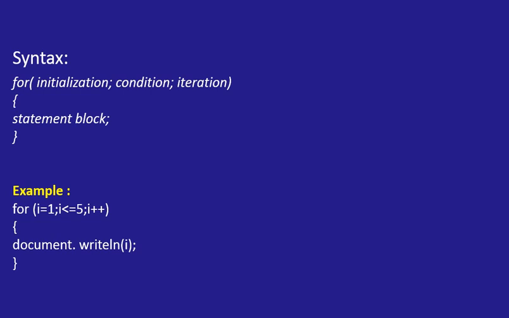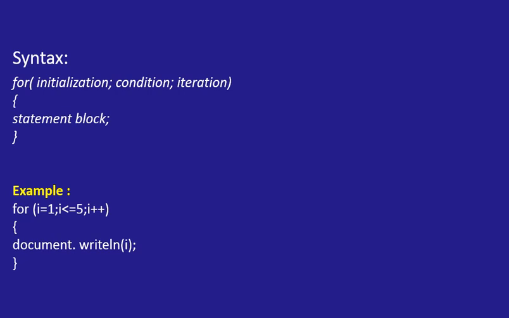Then i <= 5, that is called the condition, and you have to give the iteration, increment or decrement to the value, that's why i++. So this is the condition and the iteration you give to the for statement. This syntax is important: initialization, condition, and iteration.